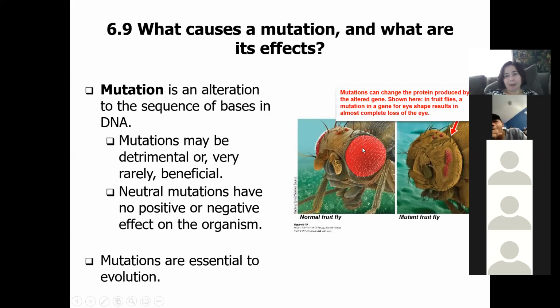So you see, a mutation in the gene can change, since fruit flies don't have that many, I think they have only 4 chromosomes, right? This mutation basically affects the shape of their eye, right? Which can cause problems in the vision, right?